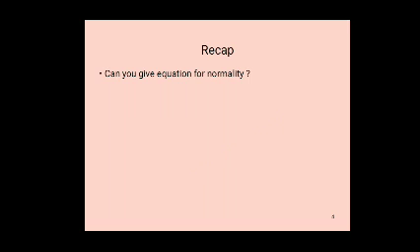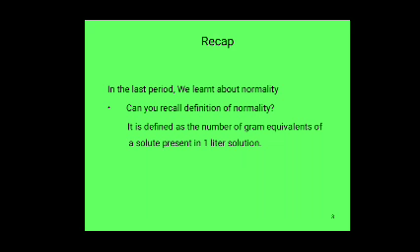What is normality? Normality is defined as the number of gram equivalents of solute present in 1 liter of solution. What is gram equivalent weight? The weight of the substance that reacts with 1 gram of hydrogen is equal to the equivalent weight of the substance. That much quantity of the substance dissolved in 1 liter of solution is called a normal solution.